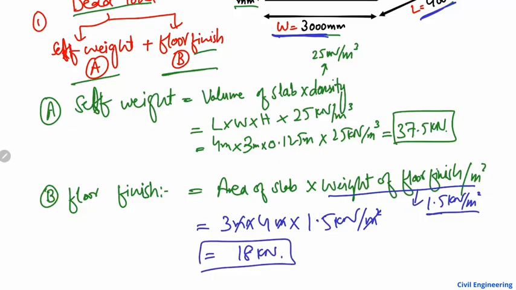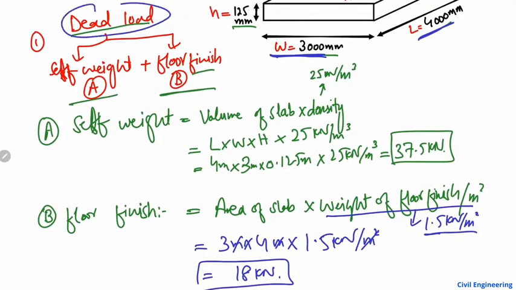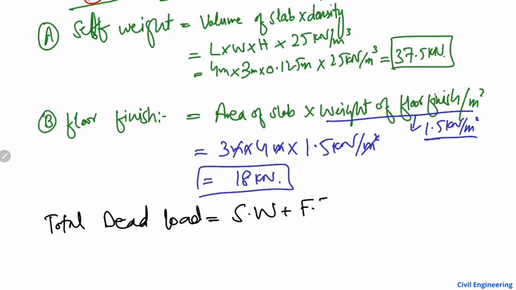So now what we can write here, the total dead load. Here we find out the total dead load, the self weight and the floor finish. The total dead load is equal to the self weight plus the floor finish.